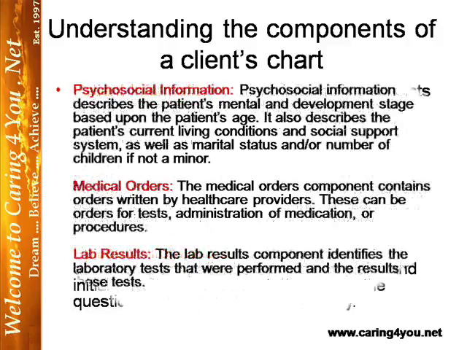Now, continuing to explain the patient's chart, we also have a psychosocial information section. It describes the patient's mental health and development stage based on the patient's age. It also describes the patient's current living conditions and social support system, as well as marital status and number of children, if not a minor.